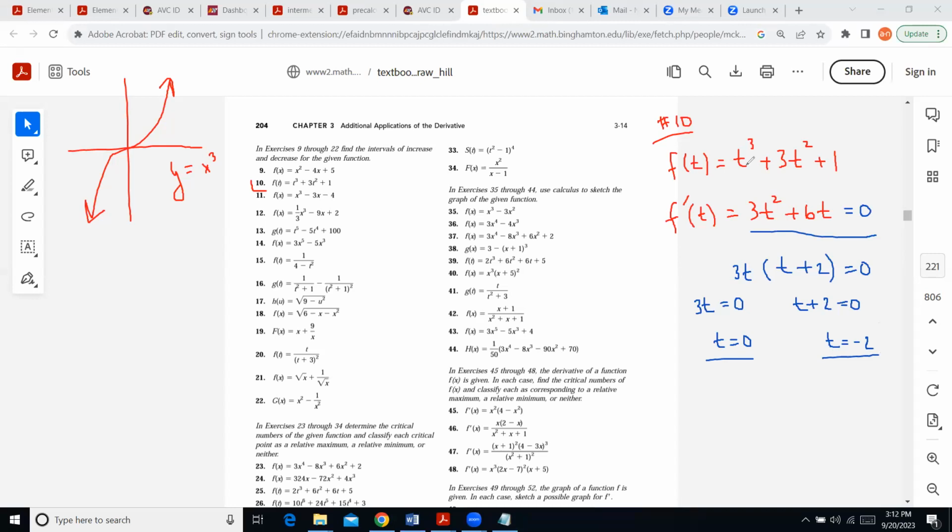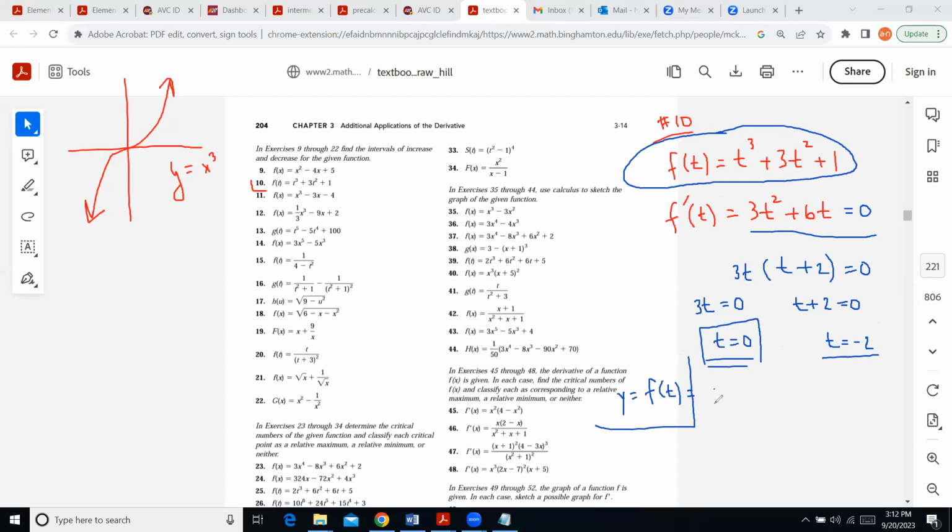And if I want to graph, what I do is I need to get their y coordinates. So if t is found, what is f of t, which is the same as y? Well, let me plug in that 0 for the first one.